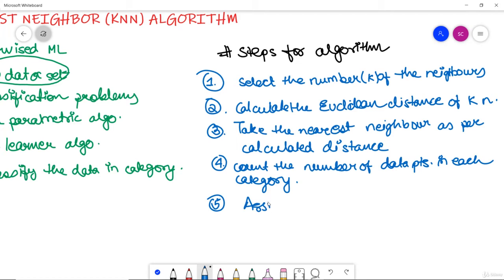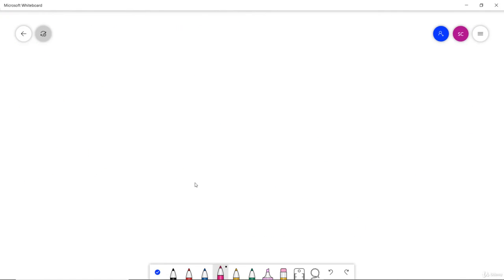So here we can say that we assign the data point to the category where the number of neighbors is maximum, and lastly the model is ready. So these are the few steps which need to be done.